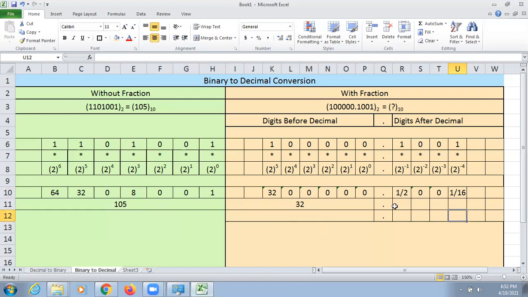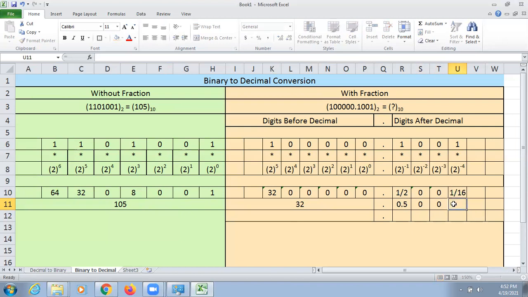Right? So now we have to do the addition. This is your choice: either you add 1 upon 2 plus 1 upon 16 first, or you divide them separately and then add. In both cases, the answer will be the same. What I am doing is first dividing. This will become 0.5, it will remain 0, then 0.